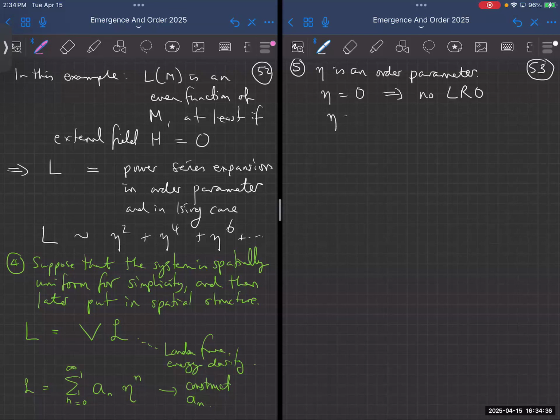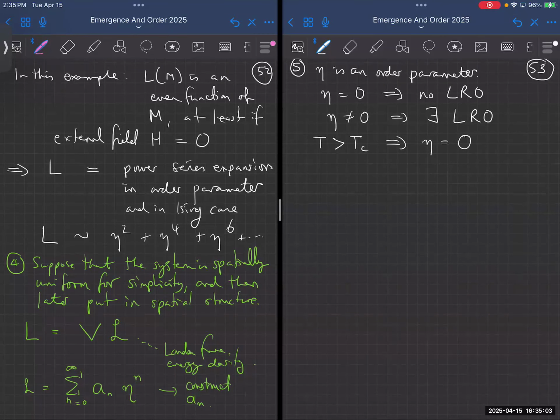If eta is non-zero, then that implies that there is long-range order. And the bigger eta is, the bigger is the level of order. So what that means is that in the high temperature phase, where T is greater than the ordering temperature Tc, we want eta to equal 0.